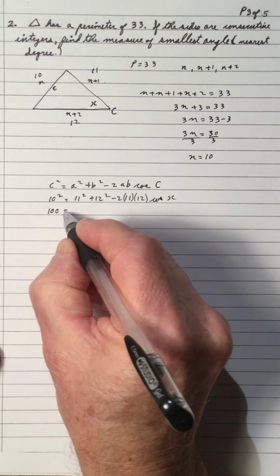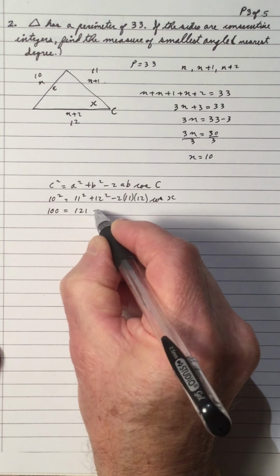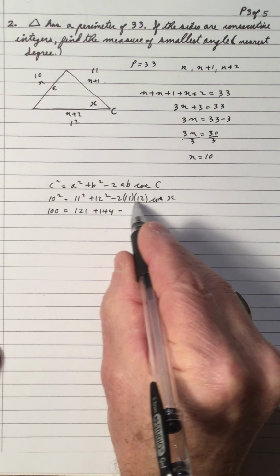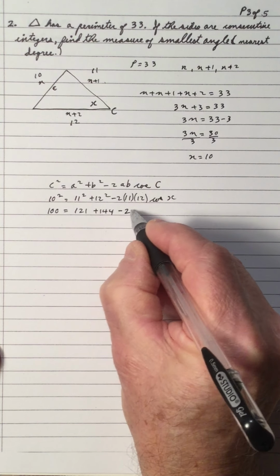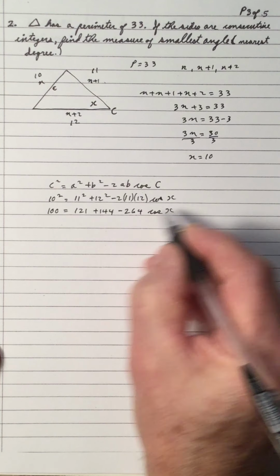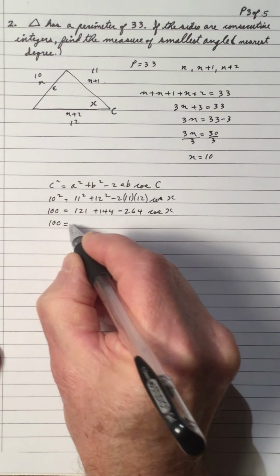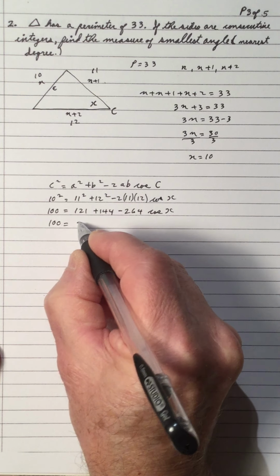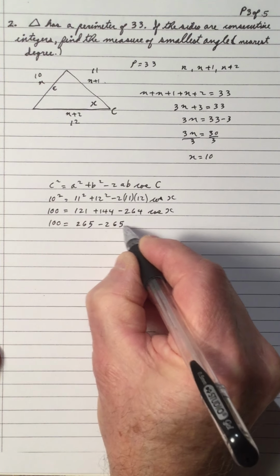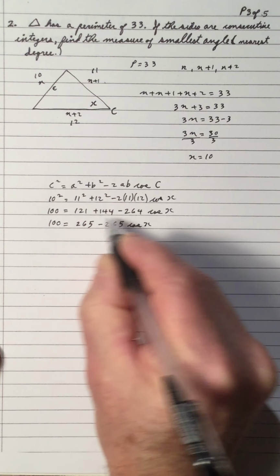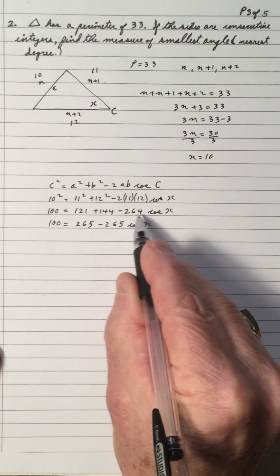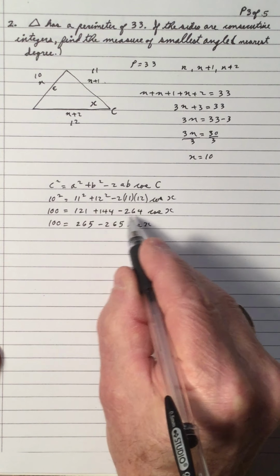This is 100, 121, 144, and when we multiply this out, we get 264 cos angle x. So we simplify the right side to 265, because we have to add these together. This is a different expression, so I can't add these numbers to this.